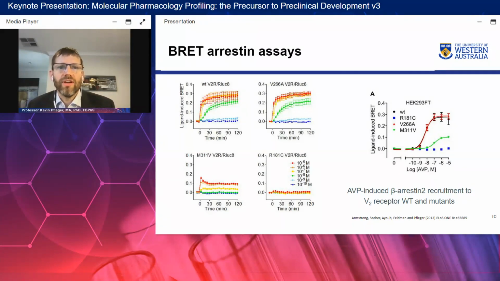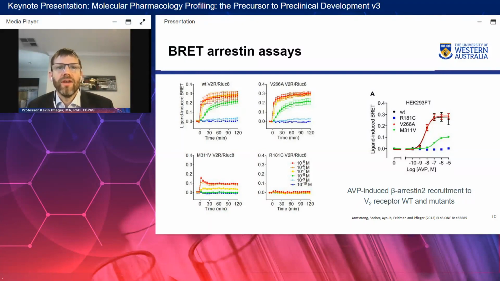Now, looking at receptor signaling and regulation assays. Here we have arrestin, and those of you that work on G-protein coupled receptors know that arrestin is a very important molecule. Here we have the vasopressin receptor 2, which has a number of point mutations, and you can see this changes the kinetic profile.